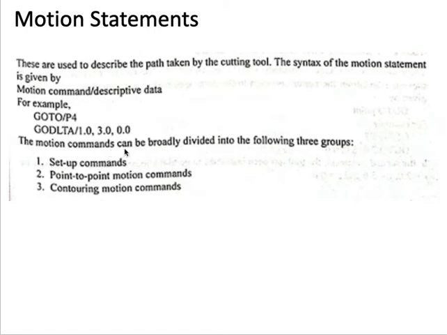The motion commands can be broadly divided into three groups: setup commands, point-to-point motion commands, and contouring motion commands. So we'll see step by step these motion statements or motion commands.